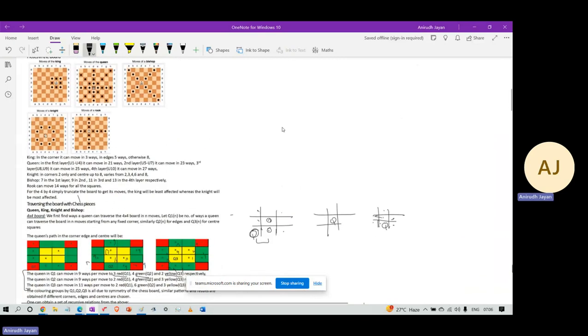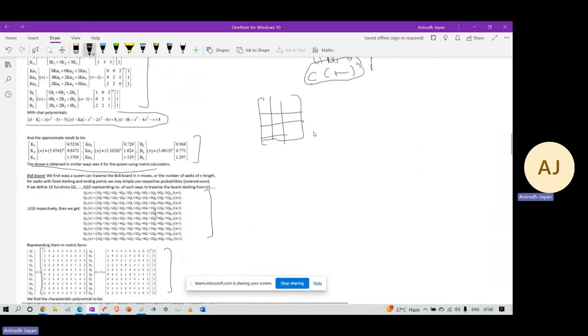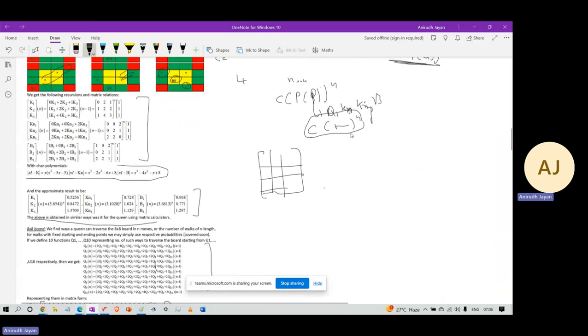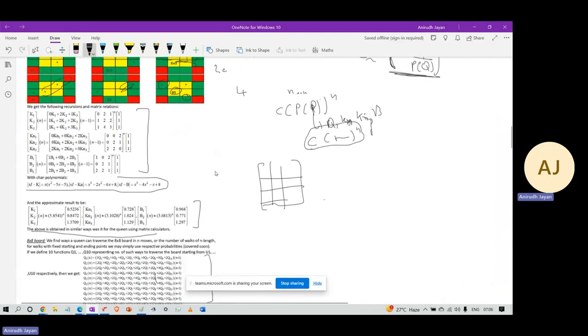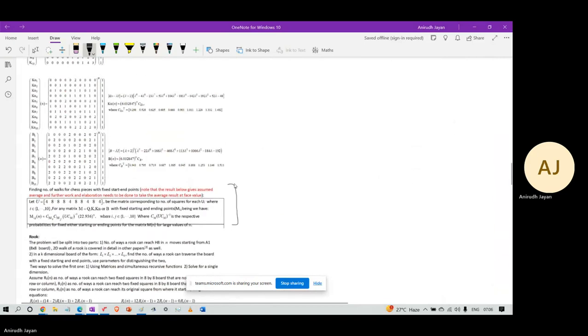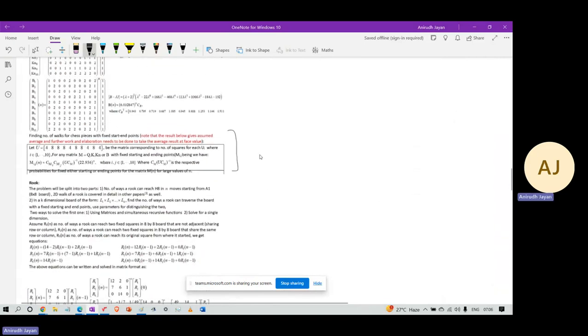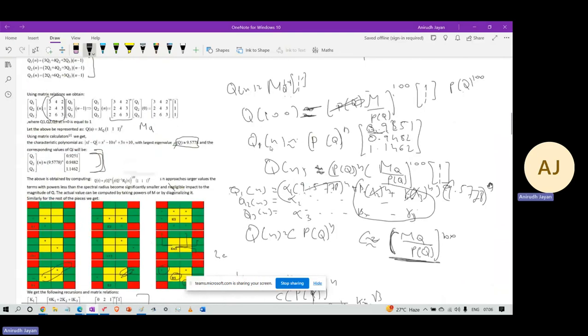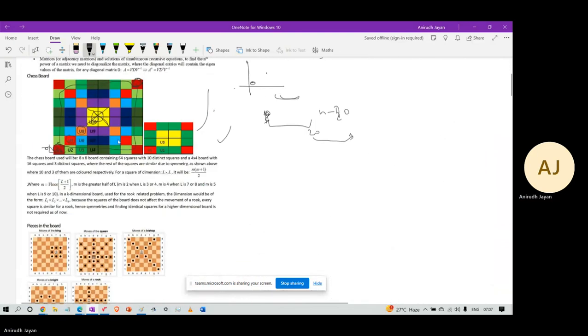So this is one method where the exact constant is not necessary to be found. But if you want to find the accuracy as a percentage, we have to multiply certain probabilities. So we simply count the squares.